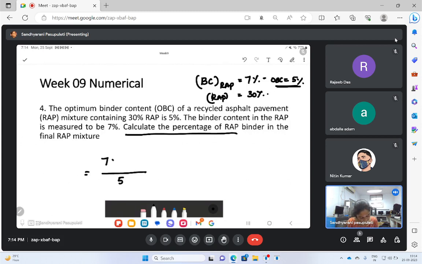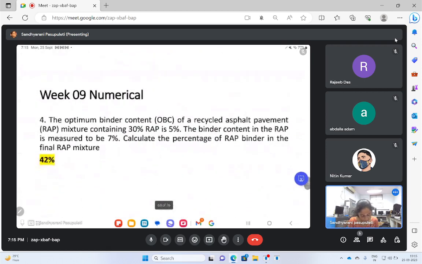So 7% of, so this is the RAP percentage. In this 30% of RAP, 7% is the binder. So this total binder, whatever is the numerator, out of 5, in terms of percentage would be. So if we calculate this, we will get the value as 42%.